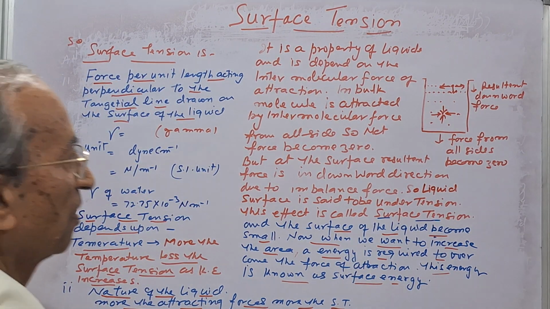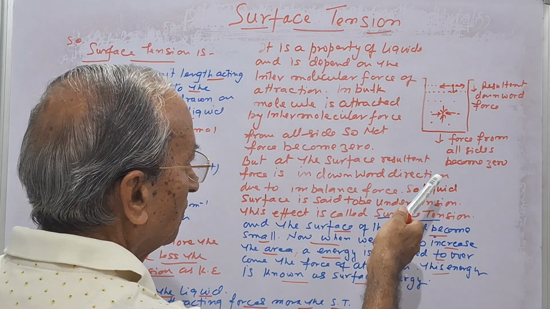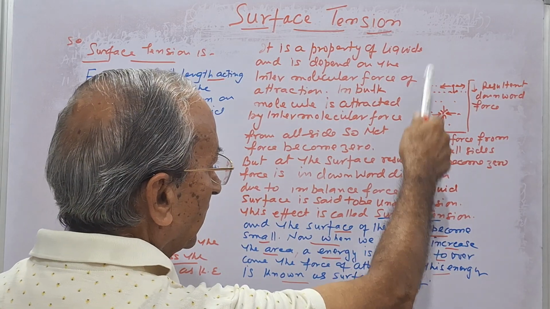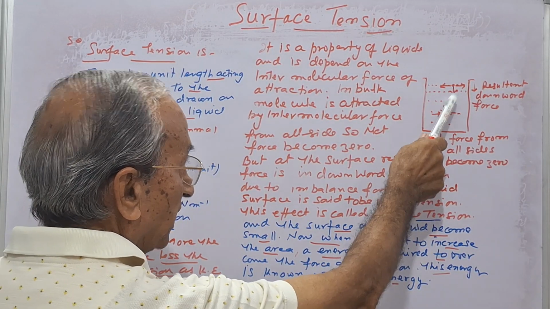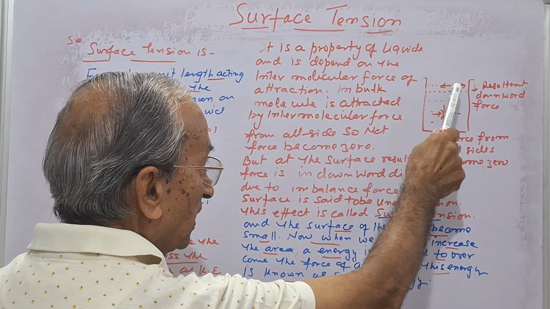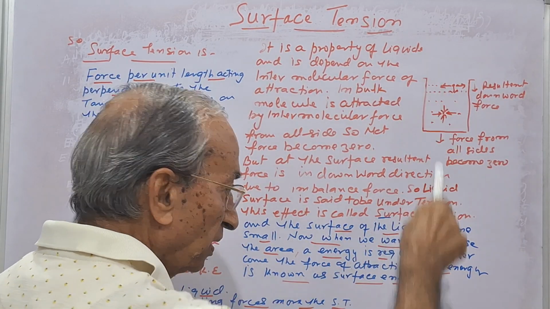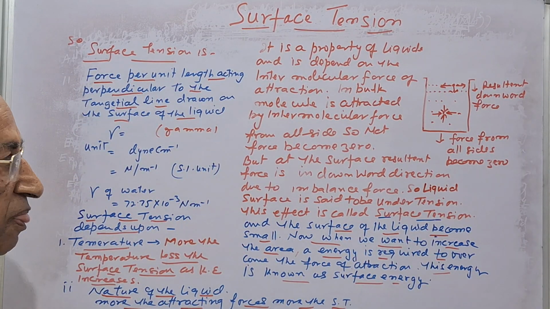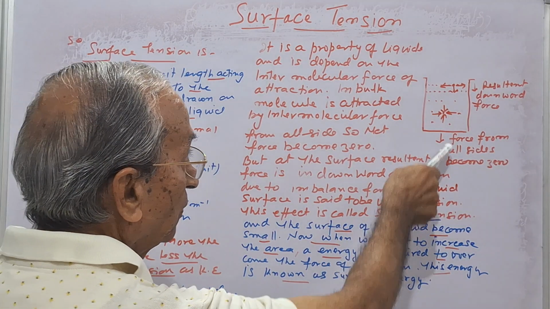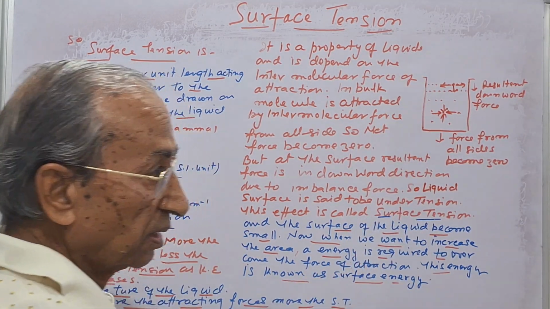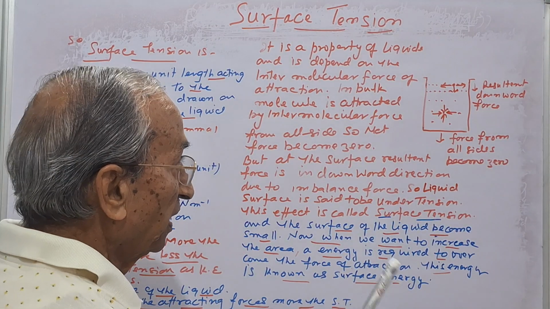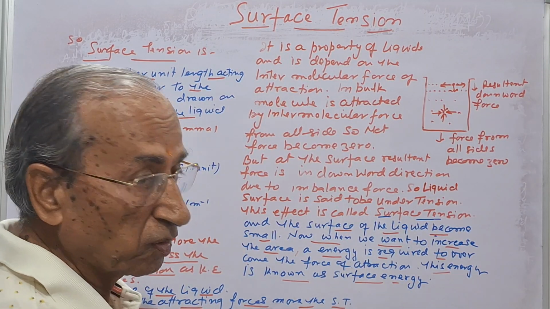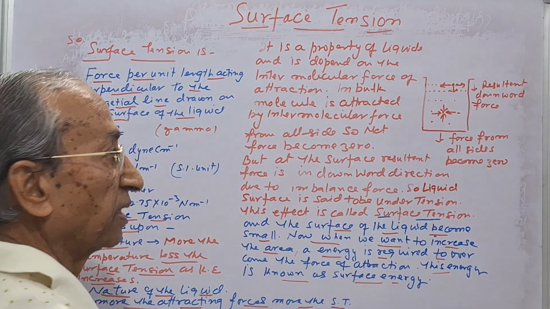Now suppose we want to increase the surface area. Under this condition it is under tension, so the surface of the water is somewhat reduced. If we want to increase the surface area, energy is required to overcome the force of attraction.